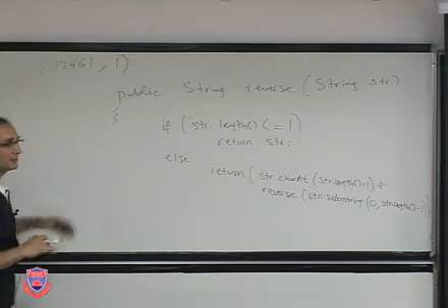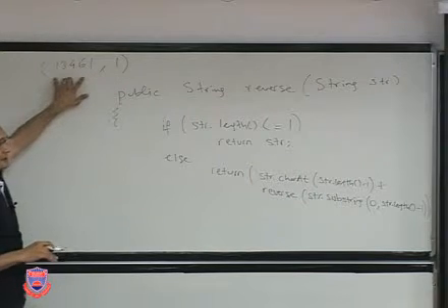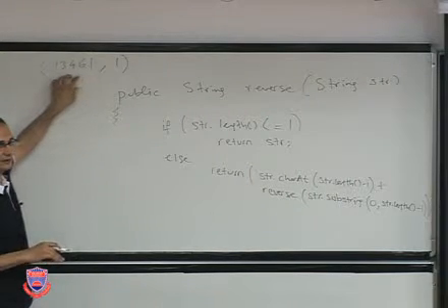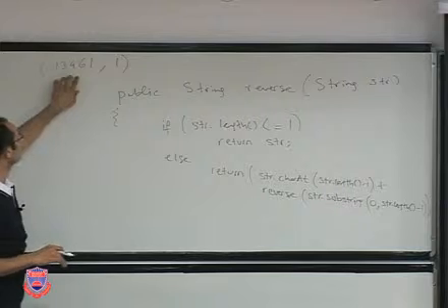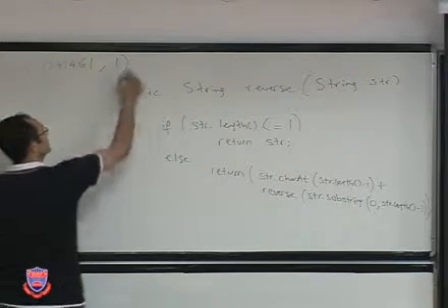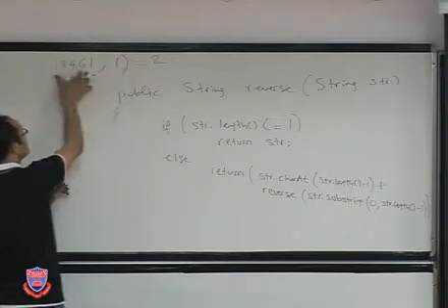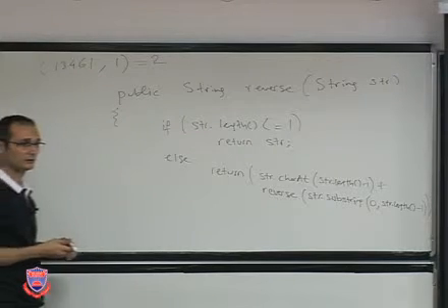You tell me the number of times the digit 1 appears in the number. So it's going to basically return you, in this case, 2, since 1 appears twice.